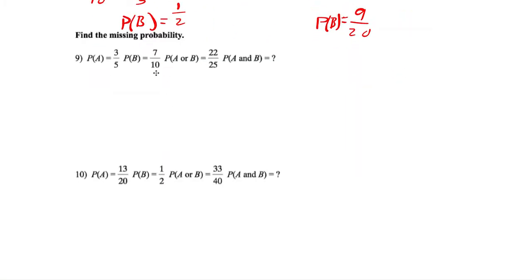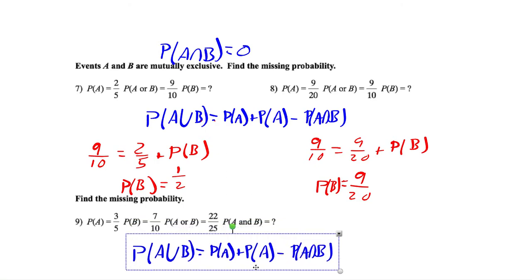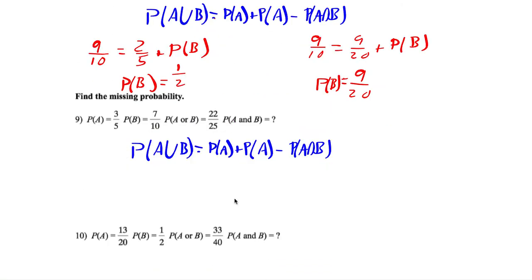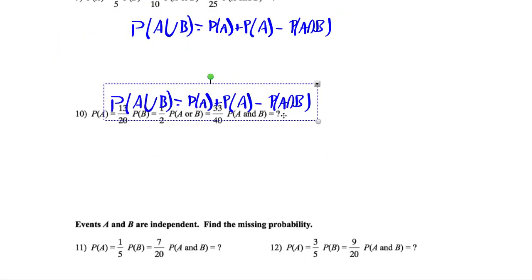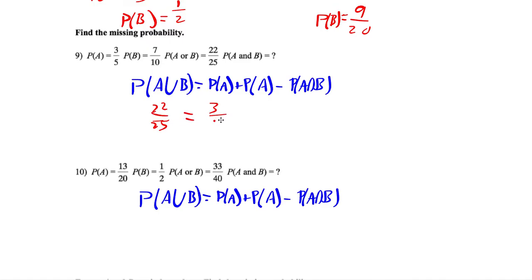Here these are not mutually exclusive, so if we take this same formula, now probability of A and B does not equal 0, so we have to include that in our equation. So we get probability of A or B is 22 over 25 is equal to 3/5.